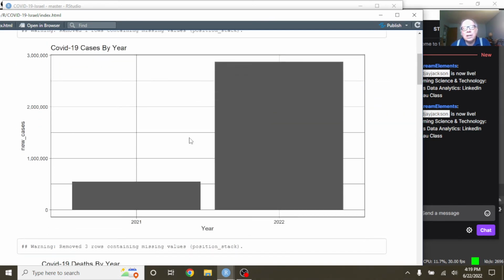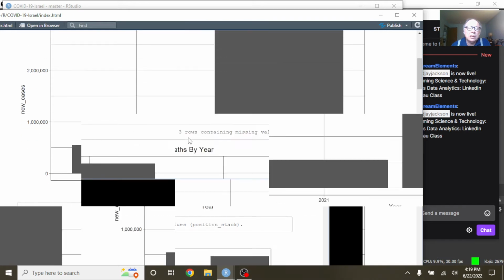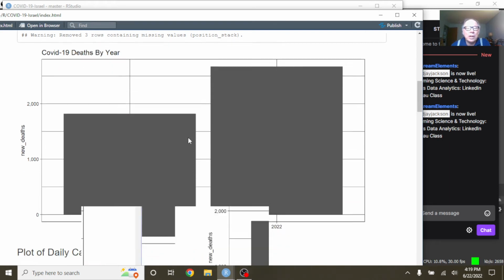You can see that 2022 cases for Israel has passed 2021 cases. 2022 deaths in Israel has also surpassed the 2021 total deaths.